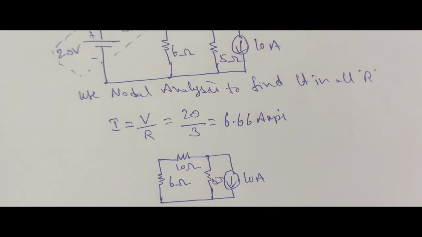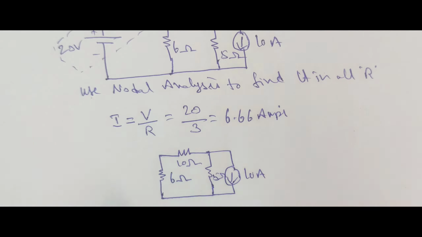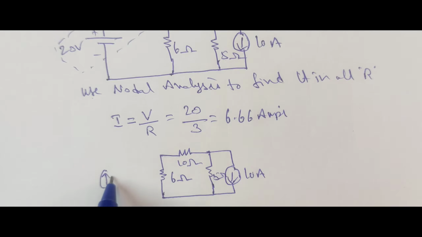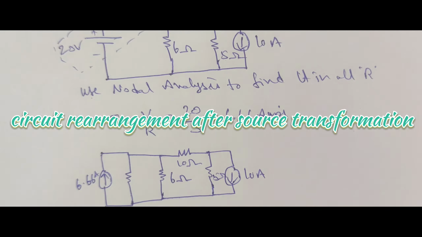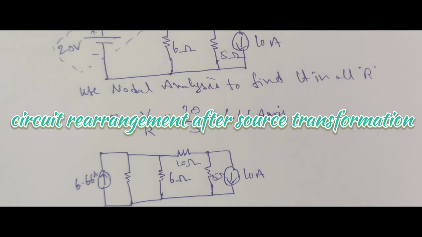And next, after transformation, the current direction is upwards. The current we have obtained is 6.66 ampere, and for that current, the source resistance should be connected in parallel. At last I join all of this. So this is the rearranged circuit diagram.